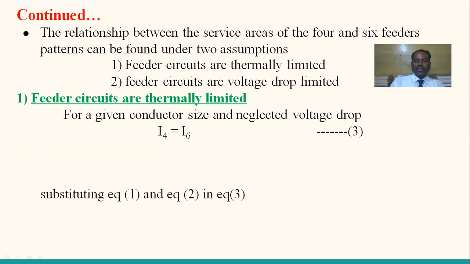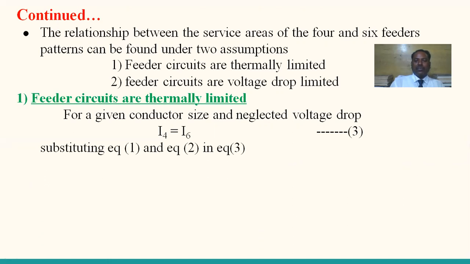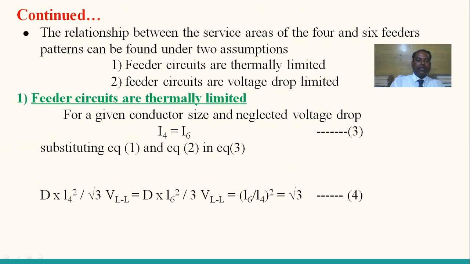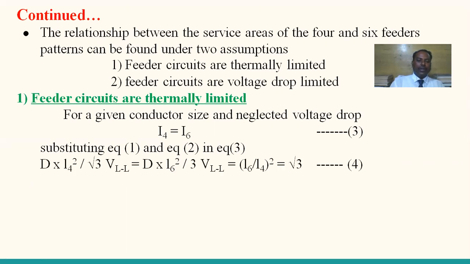So substitute equations 1 and 2 in equation 3: D into L4 square by root 3 V line to line is equal to D into L6 square by 3 into V line to line. Students, while writing such equations, you should write them in numerator and denominator form so that it is easily understandable.